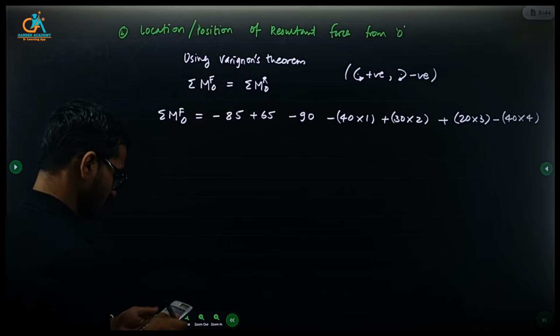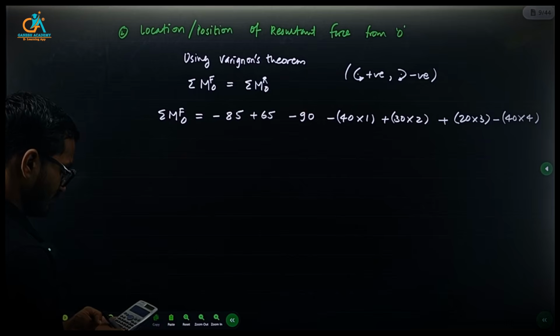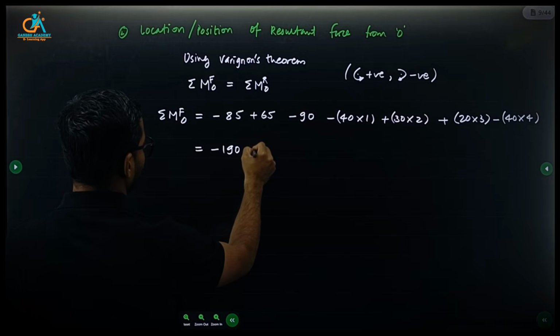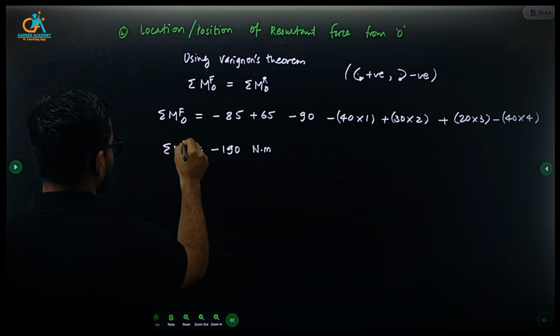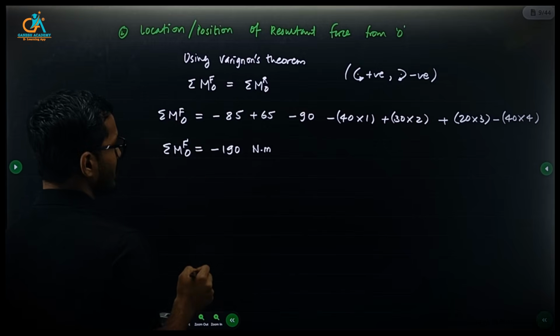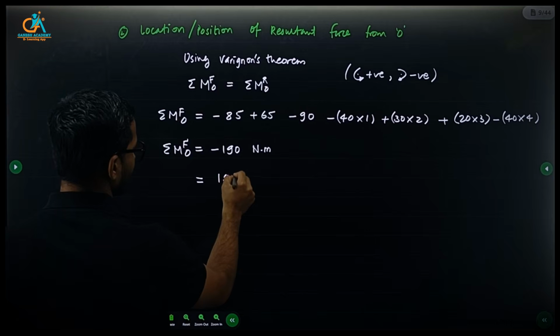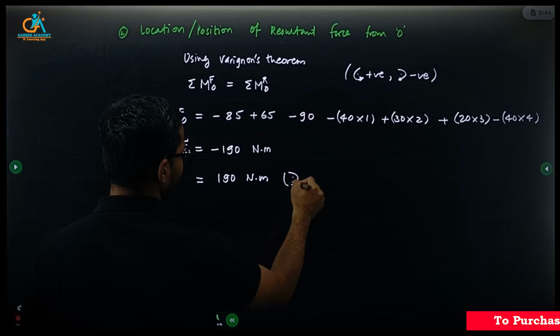Okay, so find the algebraic sum of the moments. Negative 190, and that simply means 190 Newton meter clockwise, right?